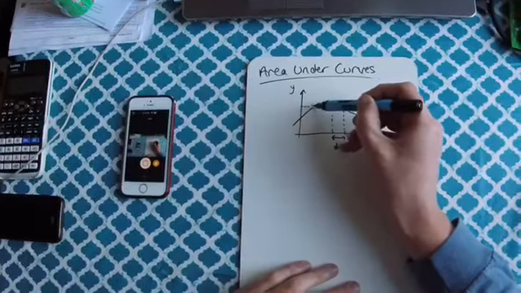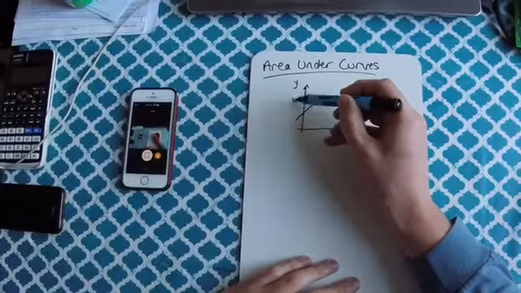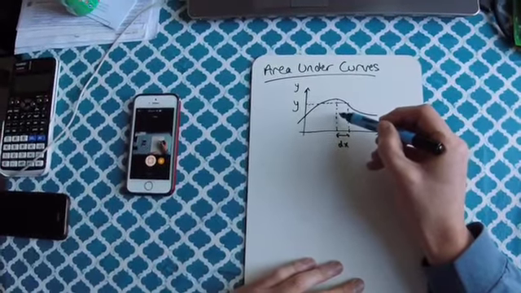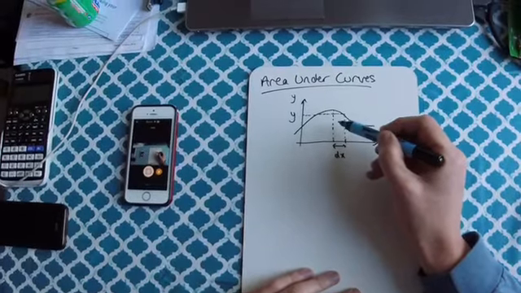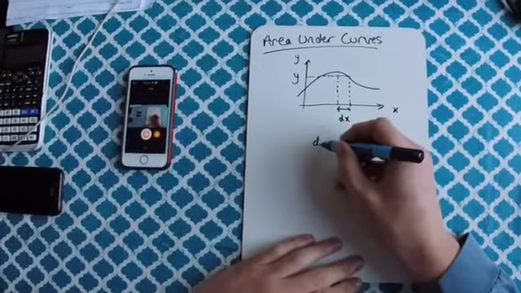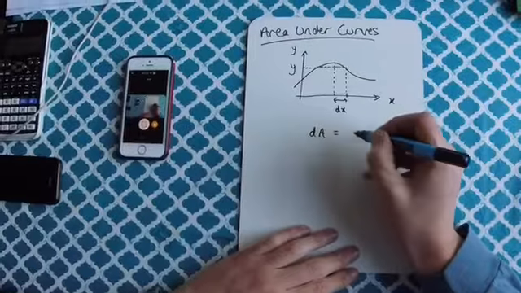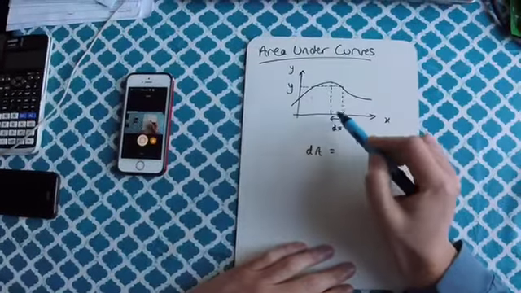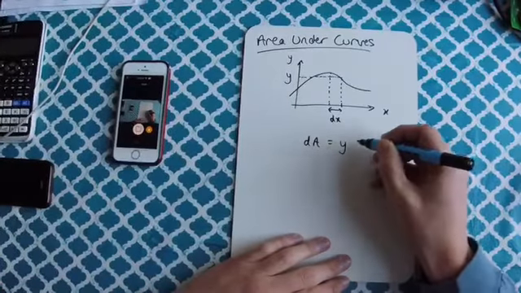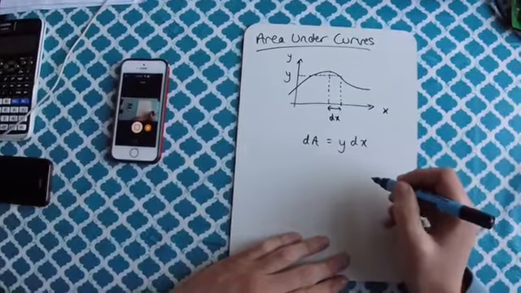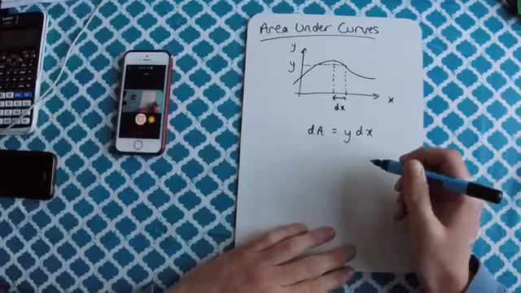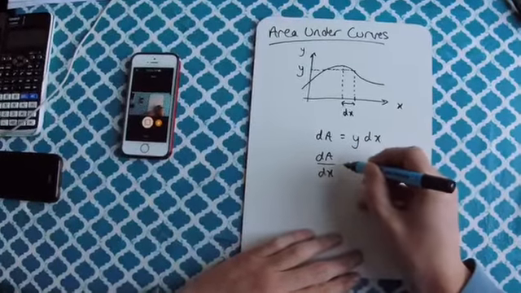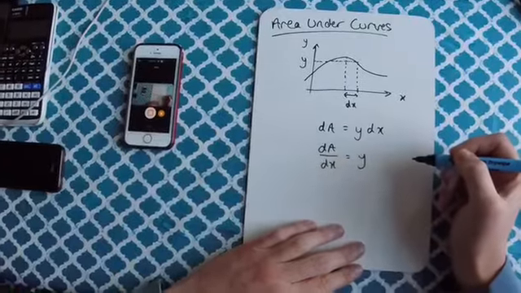So what I end up with is that the area here, which we can call the difference in the area, dA, would be equal to y times the difference in x, because it's a rectangle. If I rearrange that, I can say dA over dx equals y.